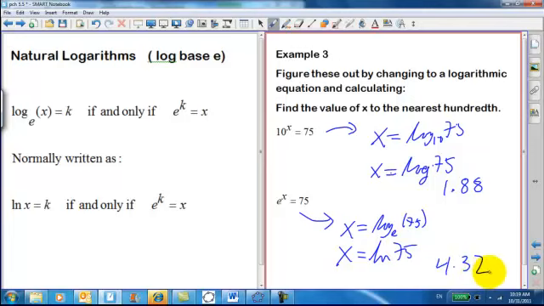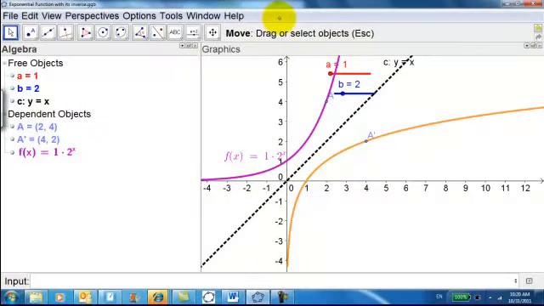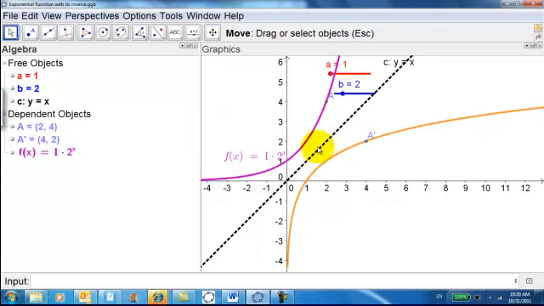Okay? Now here's a little graphical demonstration of the logarithms, and we'll do this up on GeoGebra. Here's our GeoGebra. Here you can see I've taken that exponential thing with sliders that we had before.